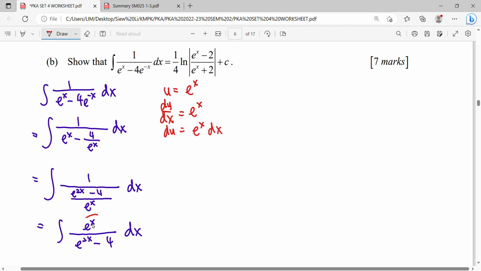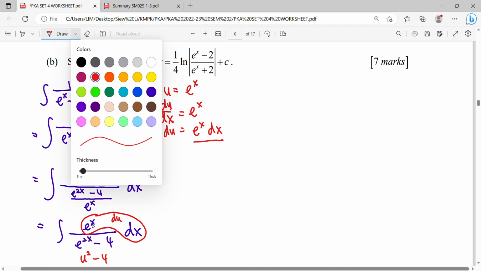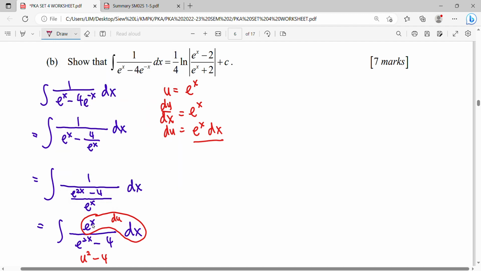So this part, e^x dx, is substituted as du. This one is u squared minus 4. So the whole part, after we change to terms of u, will become the integral of 1 du over the denominator u squared minus 4.